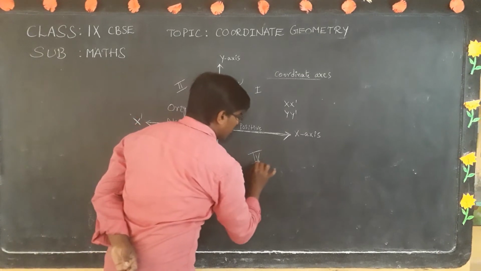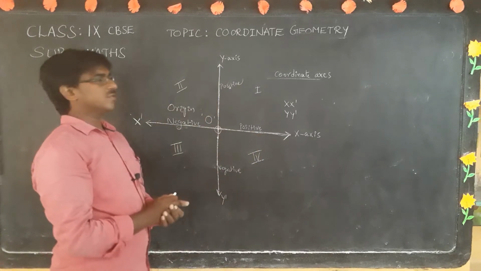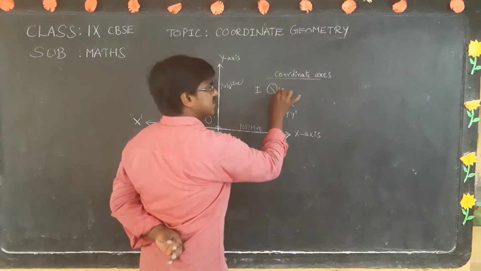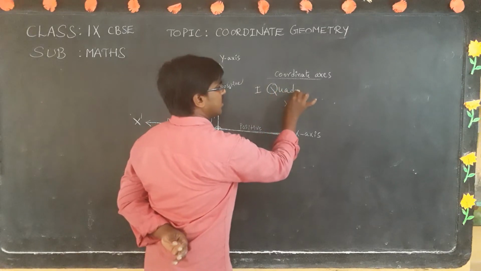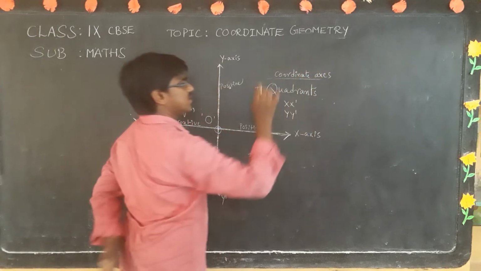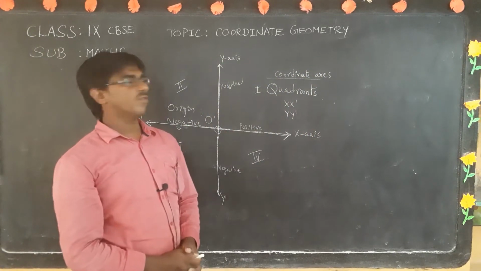How many parts? Four parts. What do we call these four parts? Quadrants.